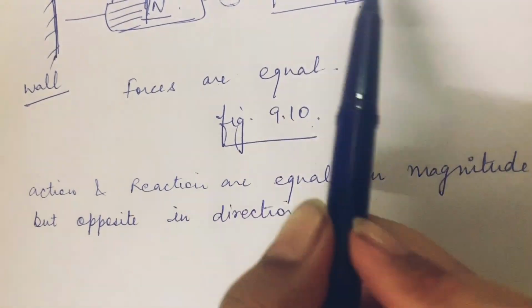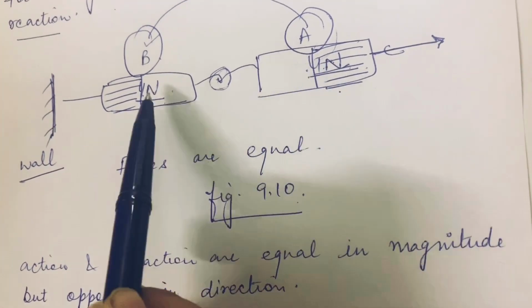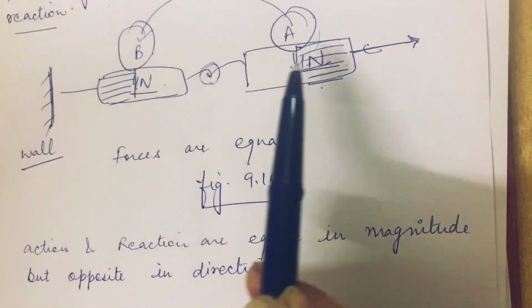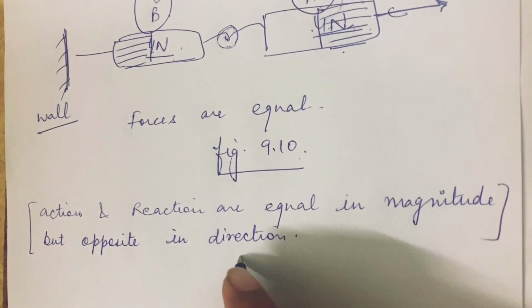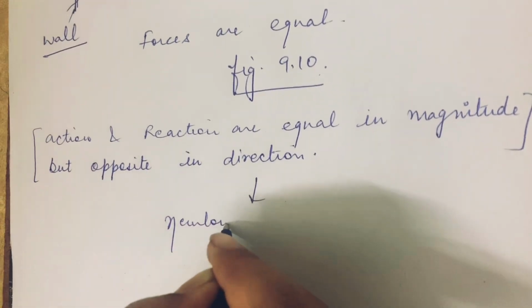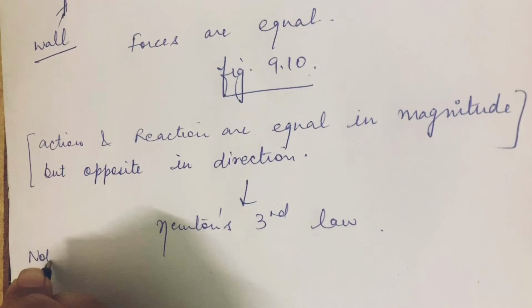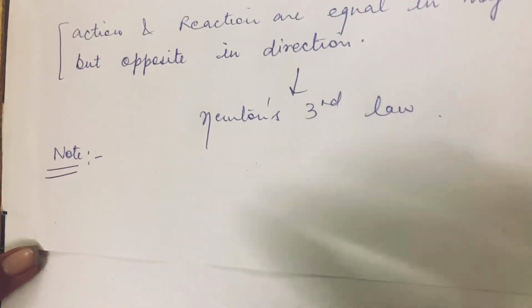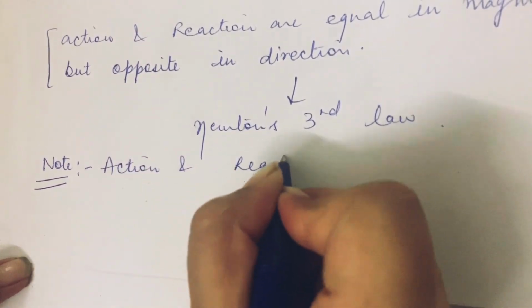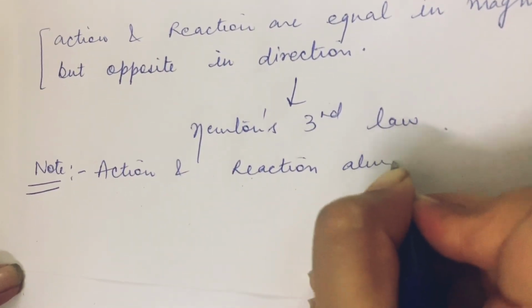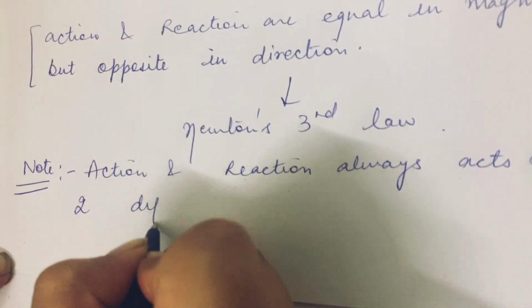So you can see here that action is equal to reaction. Both forces are the same, that is 4 Newton, but they are opposite in direction. This is the statement of Newton's third law. Note one important point: action and reaction always act on two different bodies.